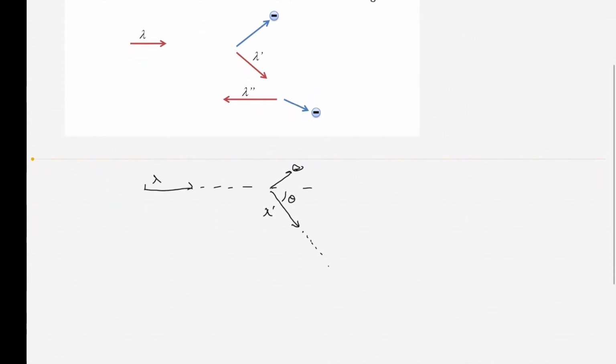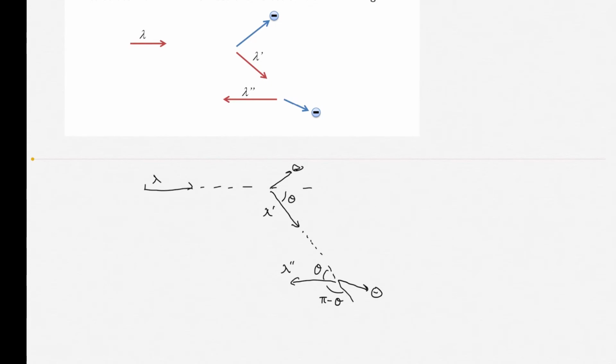The photon is traveling and meets another electron, and the electron is scattered in this direction and the photon is scattered in the opposite direction. So this is lambda double prime. So this should be theta, because these two lines have to be parallel. So this is theta, and this is going to be pi minus theta.